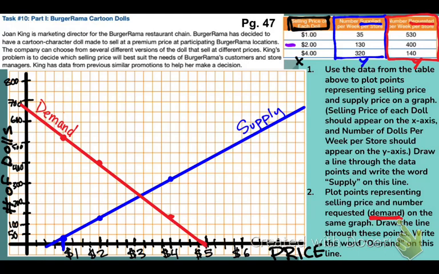If X is 2.50. So if King sets the price at $2.50, we'll look on our x-axis. We have $2 marked. I would go 2 notches up to 2.50. So that's what we talked about. We had 4 segments in each, so every line is a quarter. And at 2.50, I'm going to draw a line up.